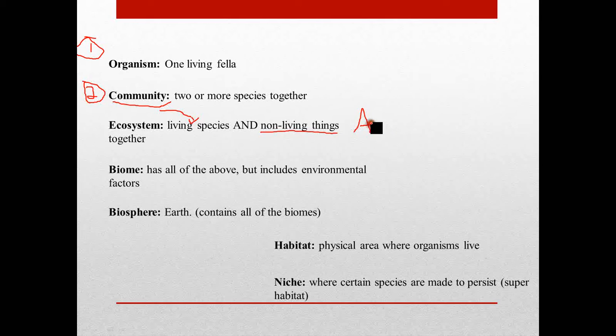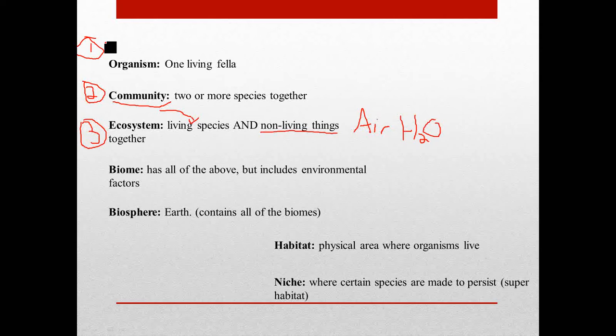I mean like air, water, and soil. So an ecosystem has living things and non-living things. So that's the zoom out. In the analogy, the organism is like the cell, the community is like the leaf, the ecosystem is like the branch. We're just zooming out because all these different things are connected.